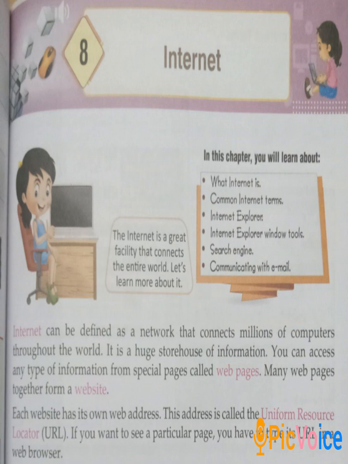Each website has its own web address. This address is called the Uniform Resource Locator or URL. If you want to see a particular page, you have to type its URL in a web browser.